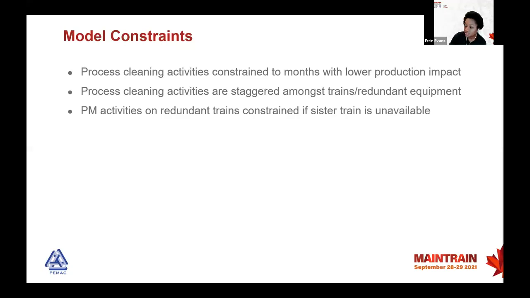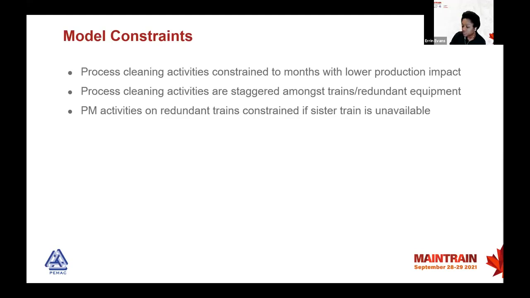So next, there were some constraints that were put in place to limit how the software allowed failures and PM activities, similarly to how plant turnarounds and short stops might be handled within a production facility. And so process cleaning activities is one of them. Those are constrained to months with a lower production impact because that's usually how the facility operates. Then cleaning activities were staggered amongst trains and redundant equipment.